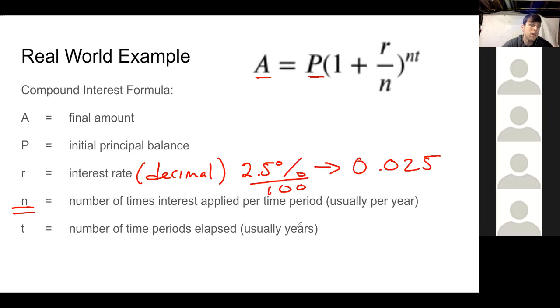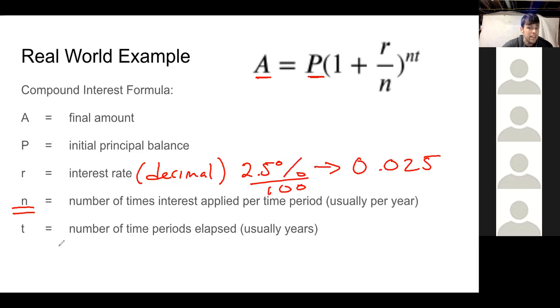So it will calculate your interest every month rather than just once per year. That doesn't mean you get 2.5% of your interest every month. It means that you get 1/12 of your interest every month, and then it recalculates it. And usually the more times that it compounds, the better off you are. You're going to get more money.